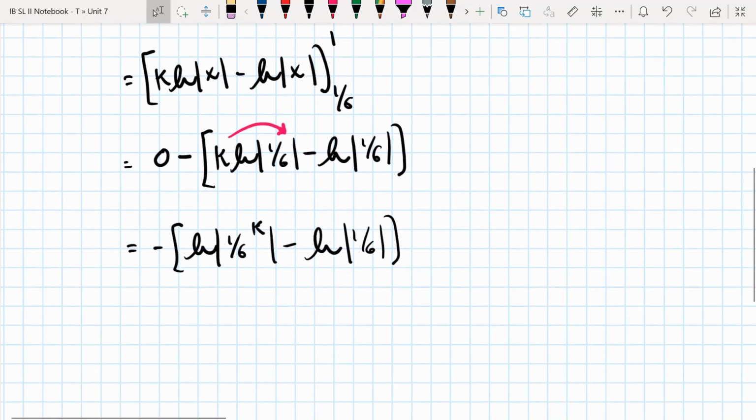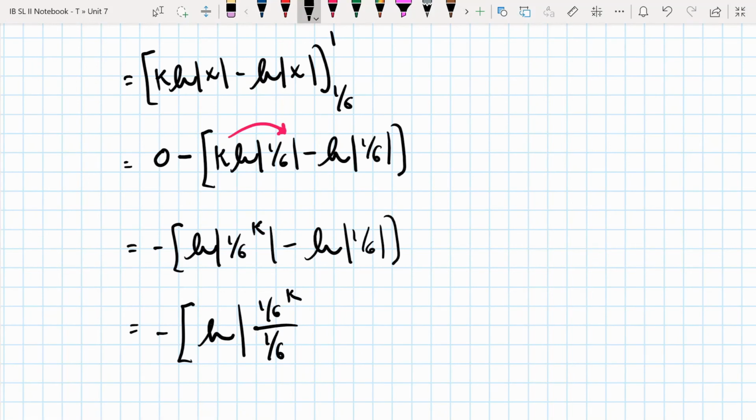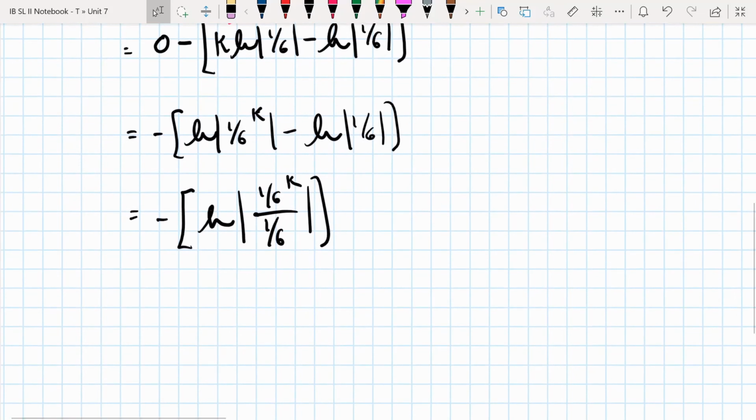And we can combine these together by using a property of logarithms, that when you subtract two logarithmic expressions, you can divide the functions or the terms inside the logarithm. So this becomes 1/6 to the k over 1/6. The absolute value signs don't really matter here, so we're going to get rid of them.